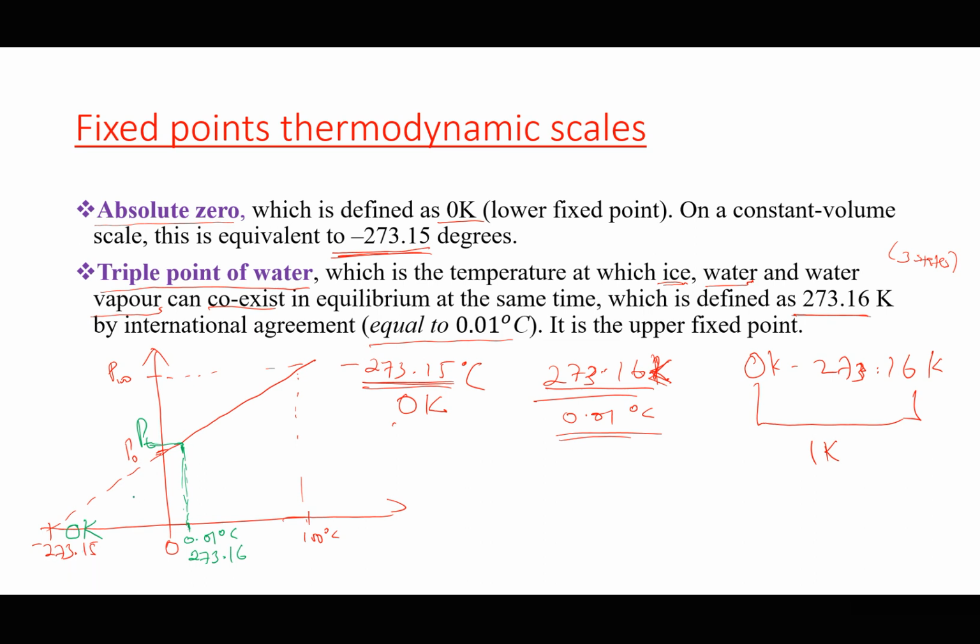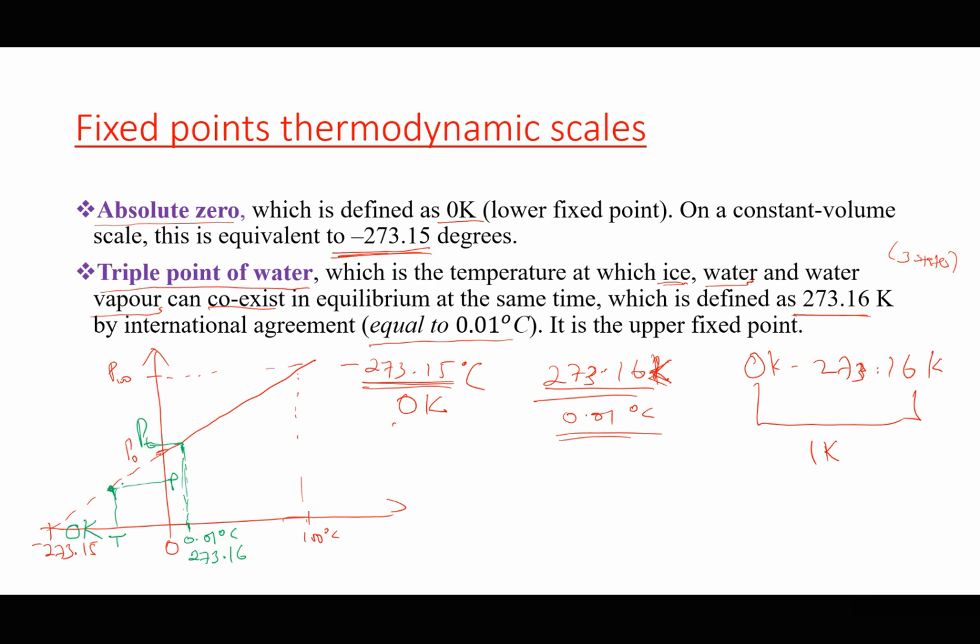So if we consider this, then we can still find the pressure at any different temperature. So let's say we want the pressure when the temperature is, say, T for the Kelvin scale. So we want this pressure here, we'll call it P. Because it's a straight line, I'll take the gradient.